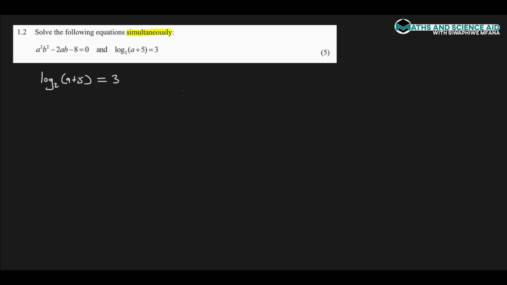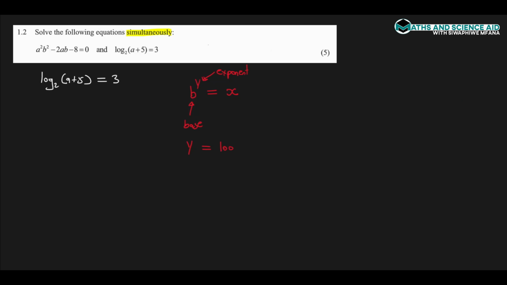To do that, you must remember that if you've got an exponential equation like b to the power of y is equal to x, b is the base of this exponential, and y is the exponent. Now, if you want to write this as a log, it means that you must make y, which is the exponent, the subject of the formula.